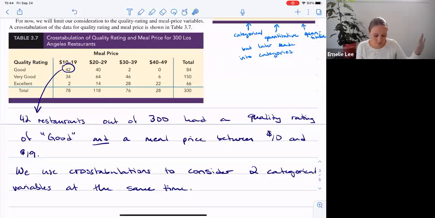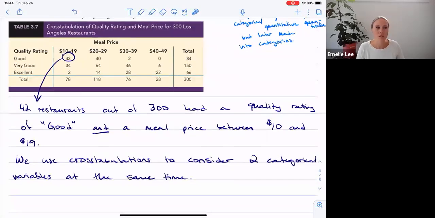Or you could completely ignore the quality rating and only consider the meal prices. 78 restaurants out of 300 had meal prices between $10 and $19, 118 between 20 and 29. And what we call these marginals, and the joint, eventually they're going to be probabilities, but forget I said that for later.